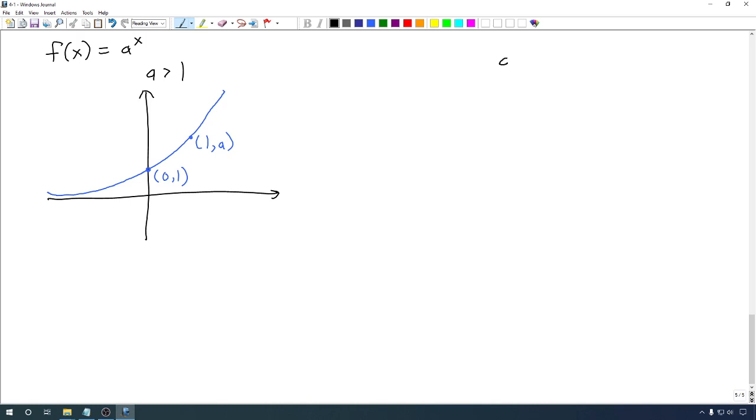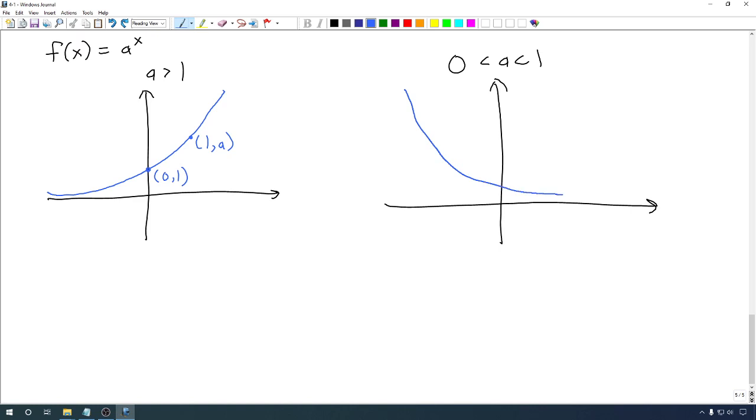In the other case, when a is less than 1, but it is still going to be a positive number, we're going to be the same as the 1/2. We're going to have something that looks like this. Again, we have two particular points on here. We have 0, 1, and we also have a point over here of 1, a.